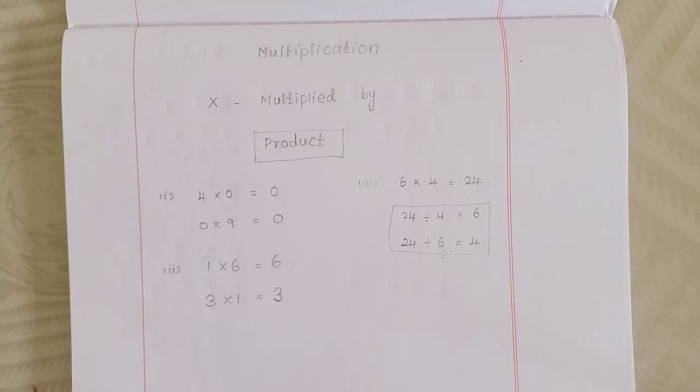Shall we read once again? In a multiplication operation the change in the order of the numbers being multiplied does not change the product.